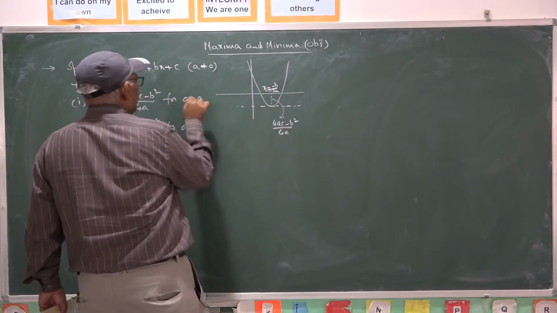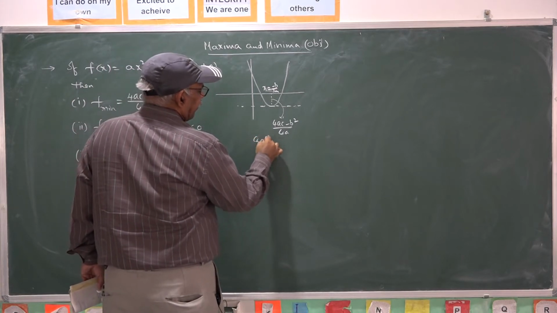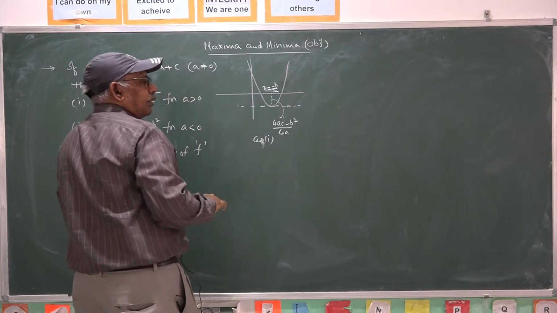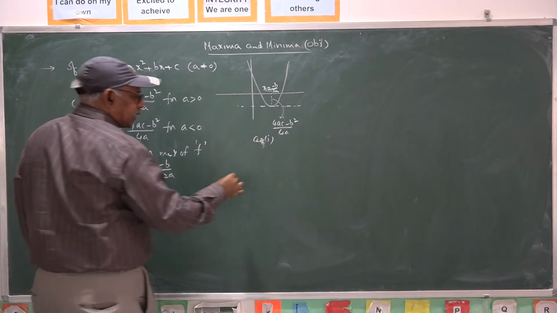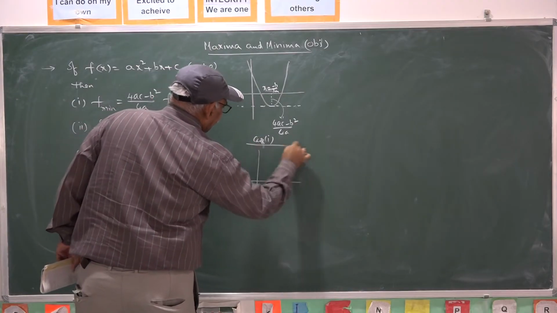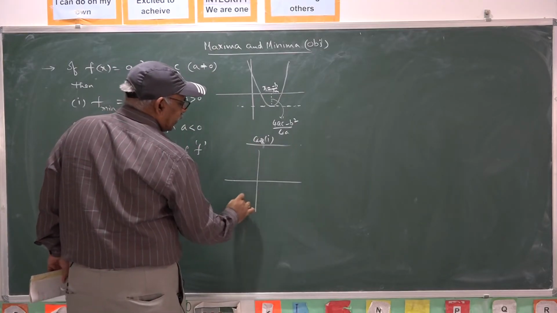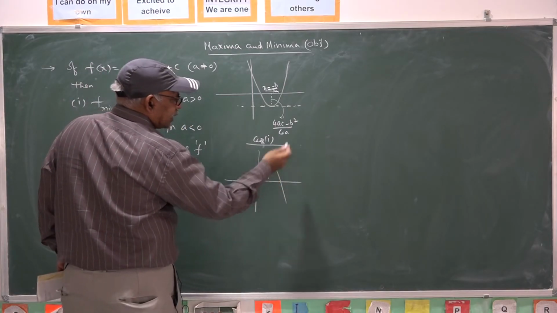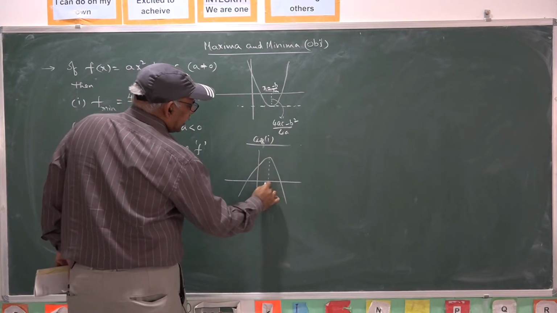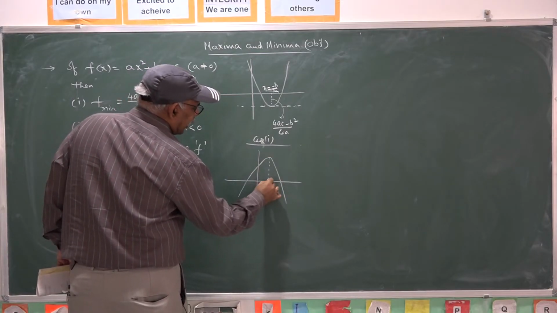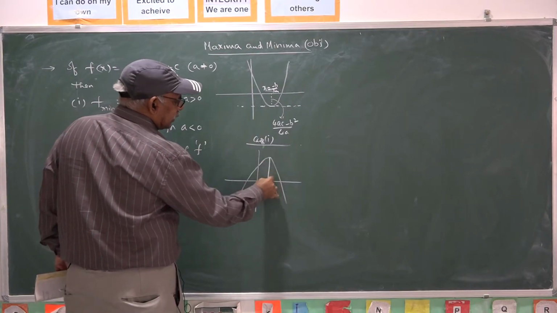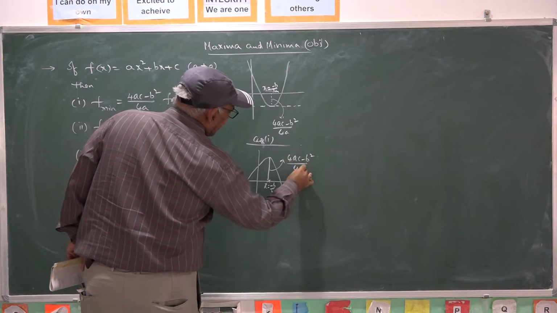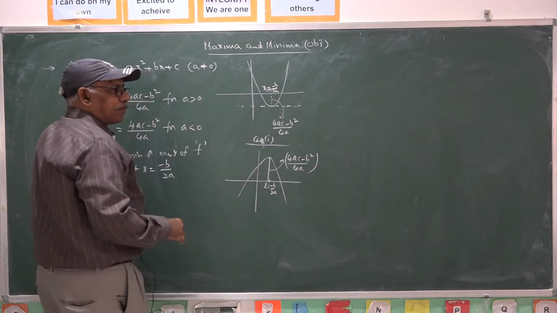This is case 1. But in case 2, for a less than 0, it takes maximum. In such case, the curve is like this, a downward open parabola. So, this value takes maximum. This is x equal to minus b by 2a, this point, and this length gives us the maximum value, which is 4ac minus b square by 4a, maximum of f.